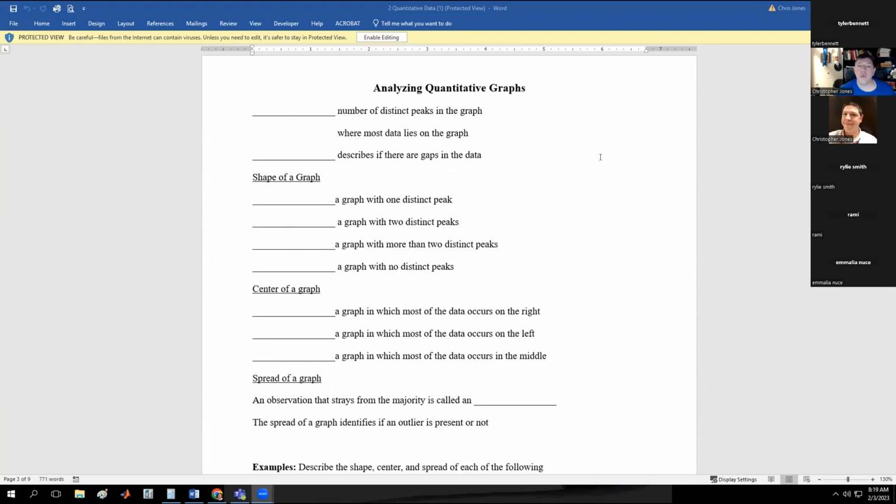What I'm usually going to do is ask you all to go through and characterize the graphs, mostly the histogram. A little bit later in the class, when we start talking about box plots, I might ask you to characterize those box plots. Sometimes we're interested in the number of distinct peaks in the data. We call that the shape of the data.